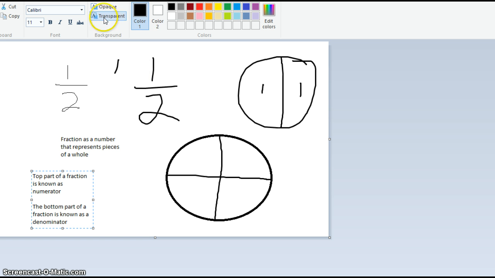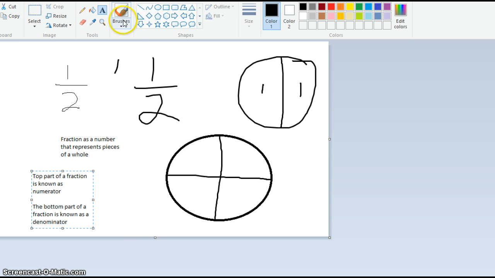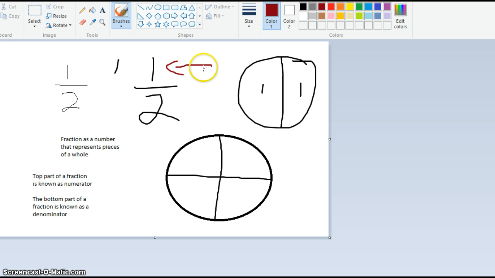If I look at a number such as 1/2, 1/2 can be represented as follows. I can look at the number 1 and it tells me that I'm dealing with one specific piece. However, the bottom part, the denominator, tells me how many total pieces there are.